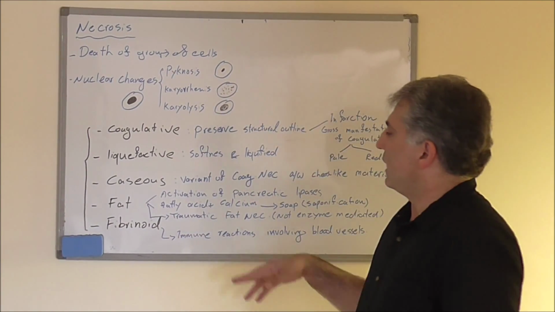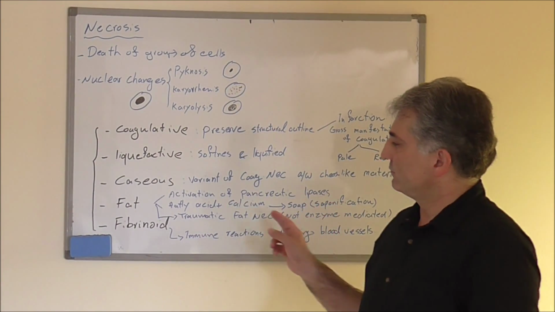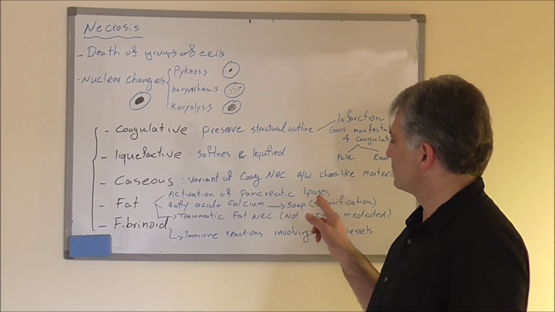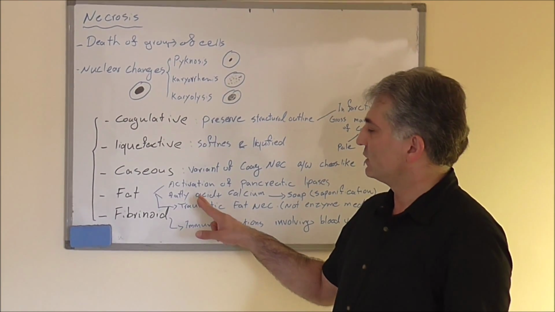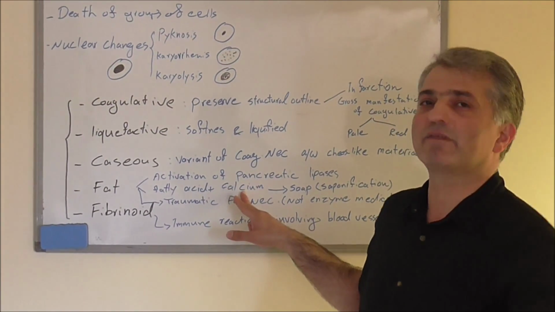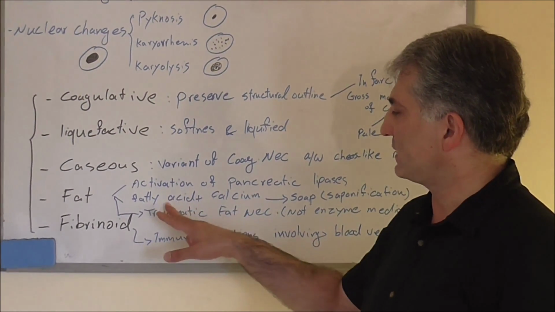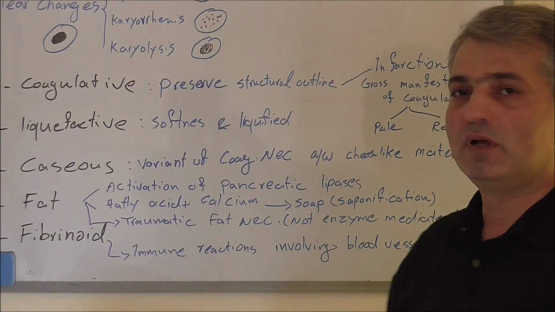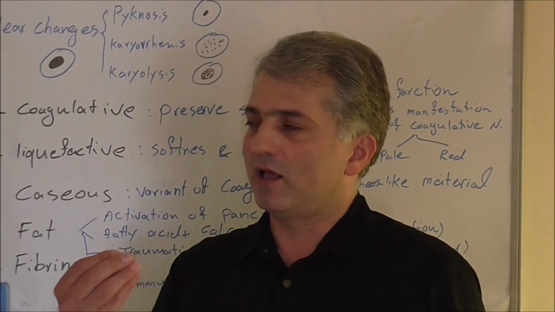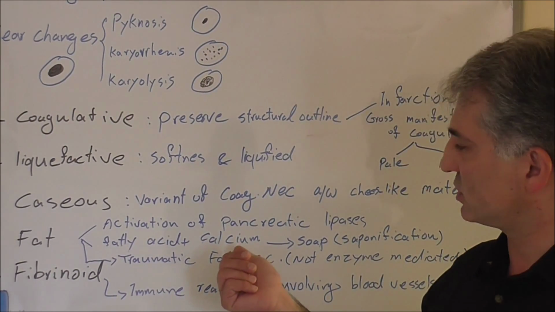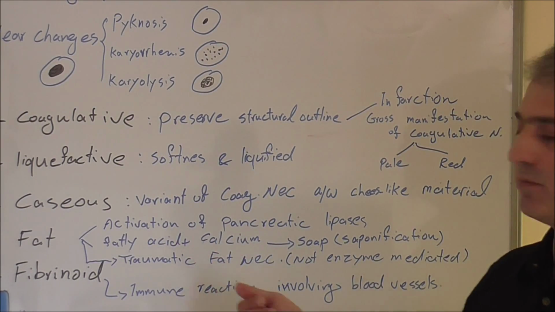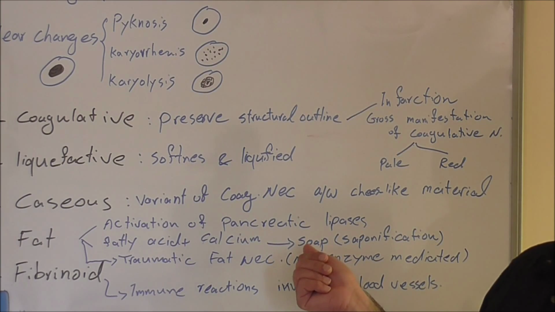And as a result, when the fat is broken by lipase, we will have fatty acids. Over there we have calcium as well. Fatty acid plus calcium is simple chemistry. Everybody knows fatty acid plus a salt, which in this case is calcium, gives you soap.